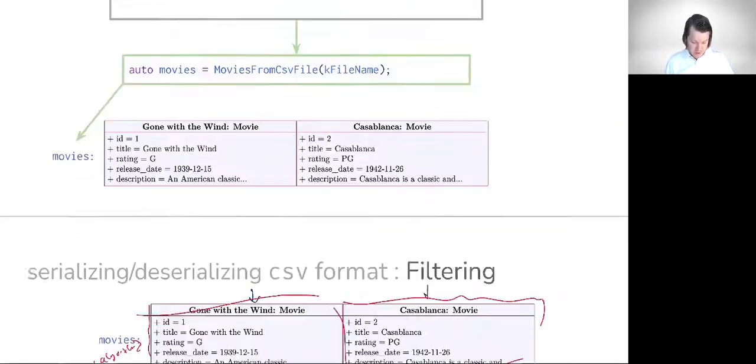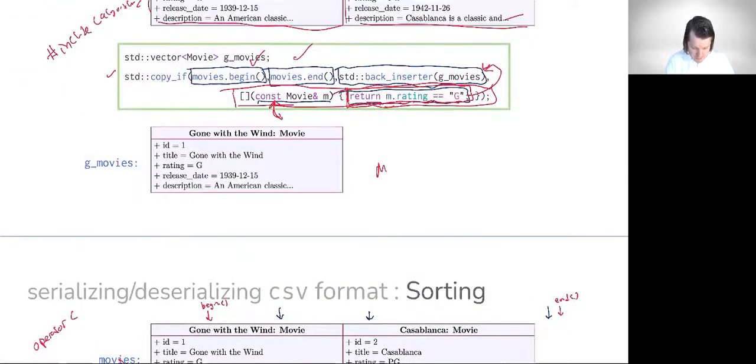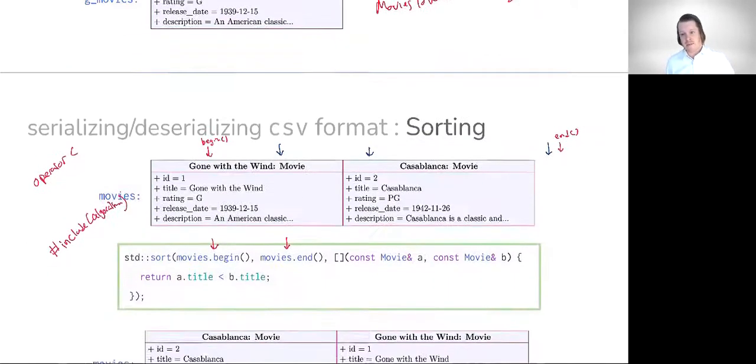We could have done something like movies to new CSV file, new.csv, then the movies. We could have done that.